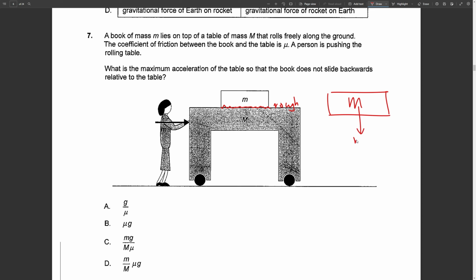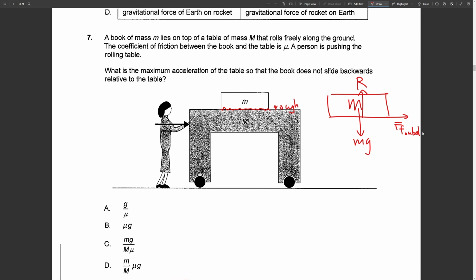There should be a weight acting downward. There should be a normal reaction acting upward. And because the force acting on the trolley is going to the right, which means the system is accelerating to the right, finally the force should be acting to the right as well. The frictional force acting on the book is going to the right.